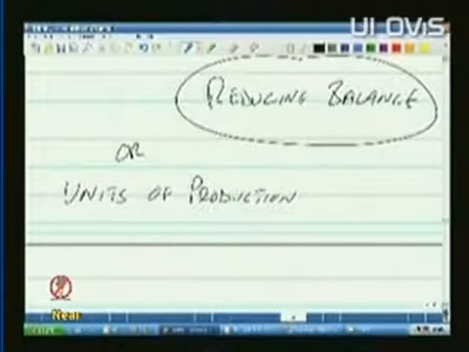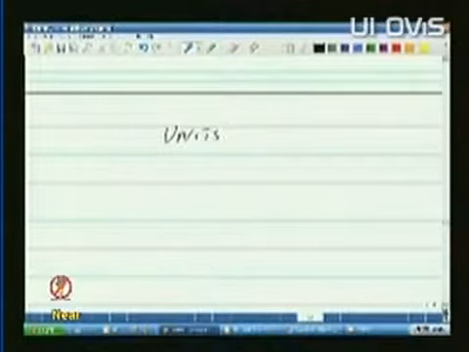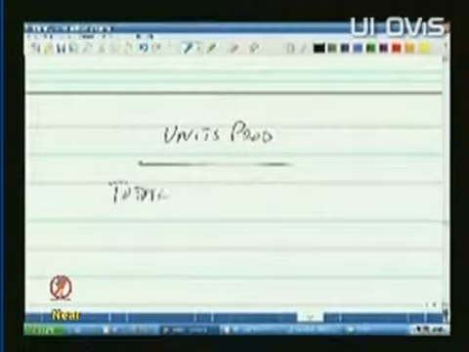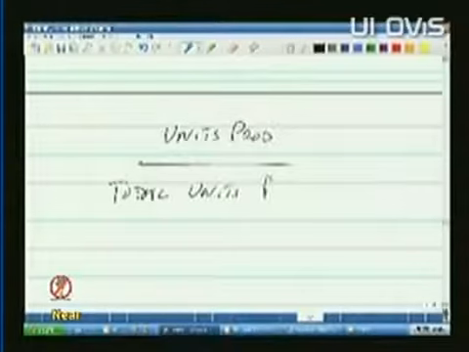Okay? So all we do with the units of production method is you'd look at how many units that machine is expected to produce over its useful life, and then every year you would look at what proportion of units have been produced and take the units produced divided by total units to be produced over the life of the asset.